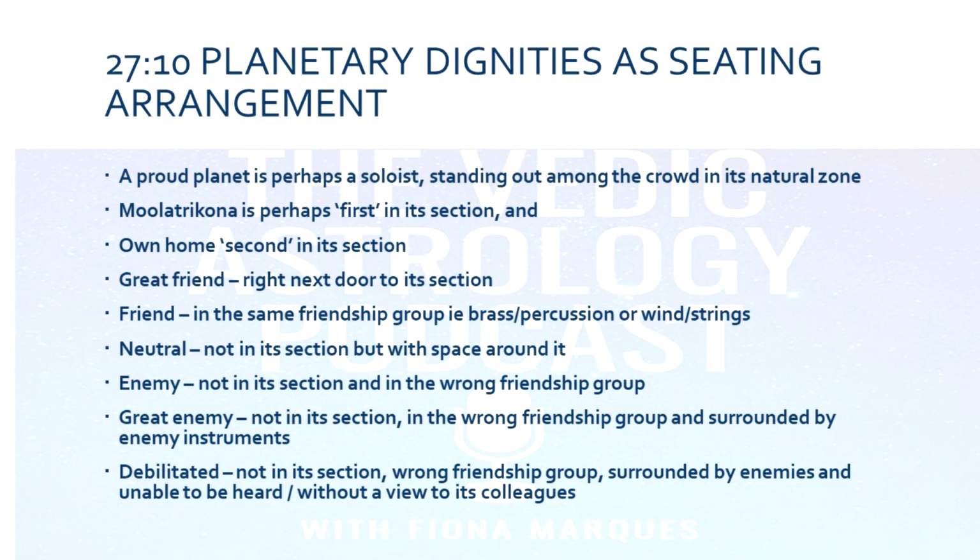And if it's debilitated, not only is it not in its section, in the wrong friendship group, surrounded by enemies, but it's just unable to be heard by its colleagues or without view to its colleagues, so really quite isolated, we could imagine. And I think that this gives us a sense of how planets struggle with their different dignities or excel on where they are placed in relation to other instruments in the orchestra.